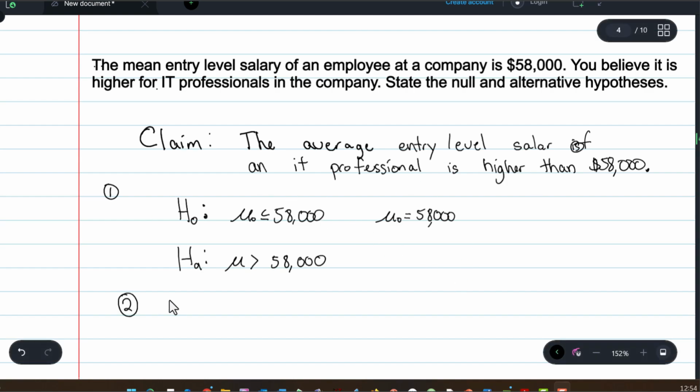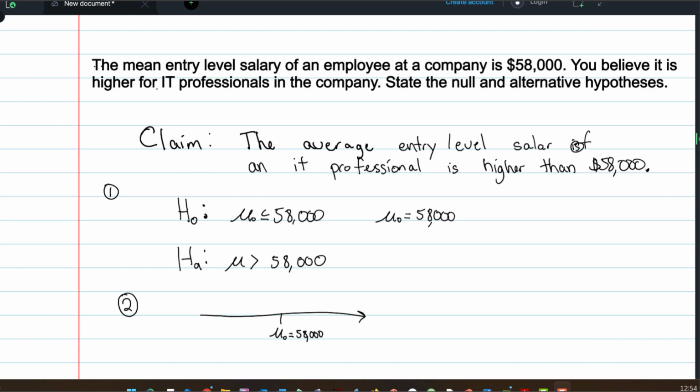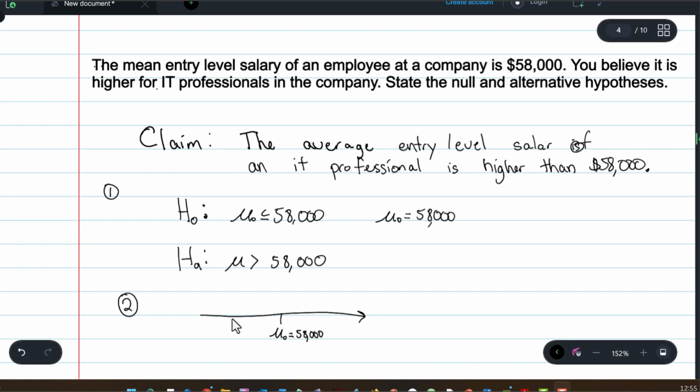In part 2, you're asked to determine if this should be a left tail, right tail, or two-tailed hypothesis test. Keep in mind, you want to set up your test so you can get a sample to either support the claim, that is, be so extreme that it shows the alternative hypothesis is probably true, or a sample that's not so extreme that you default back to the null hypothesis.